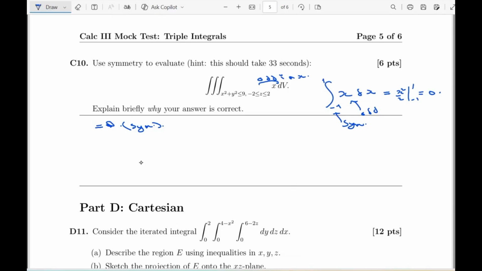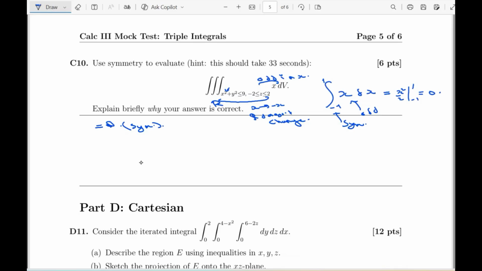What does that mean? If you look at this region, if we call it R, and I replace x by minus x, R doesn't change. So notice if I replace x here by minus x, the region doesn't change.